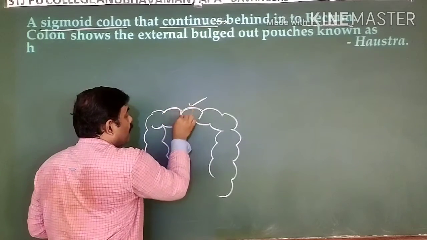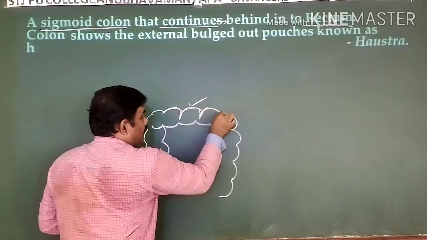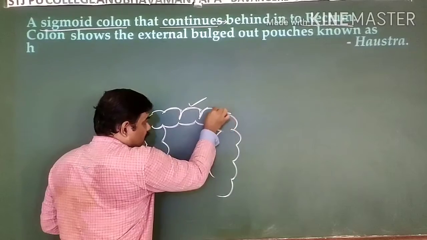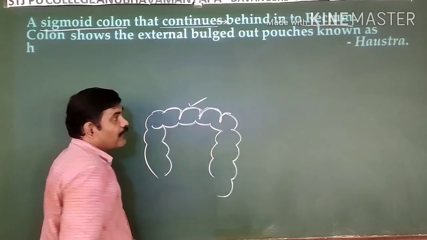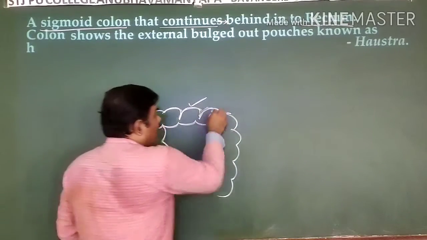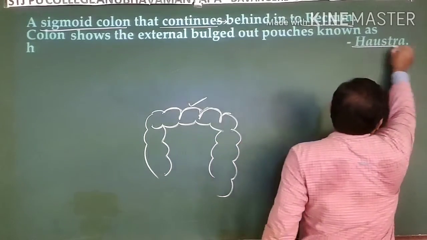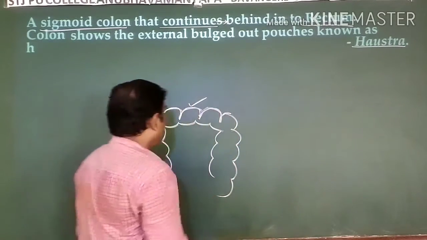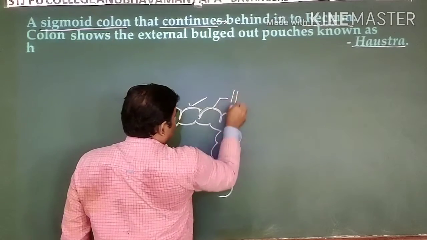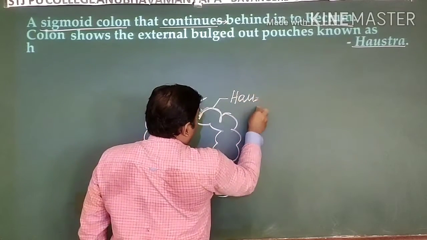This is an elevation, whereas this part is the depression, and this is an outer bulged pouch-like structure. These are actually known as haustra. It's another important part. This part is known as haustra.